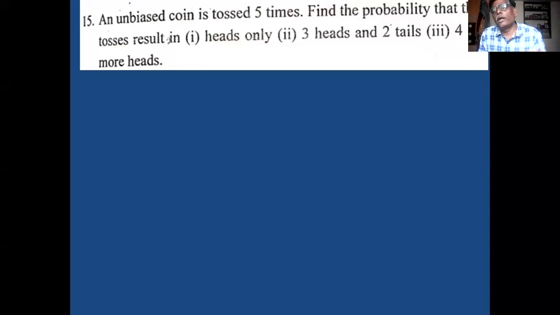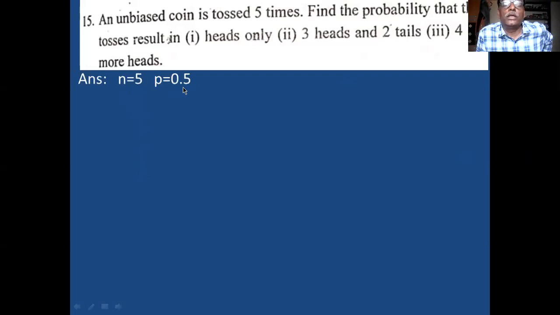If more than 4 heads, that is also accepted. More than 4 means how many heads will you expect? 5. Because there are 5 coins. Okay. Not more than 5. So here n is 5.